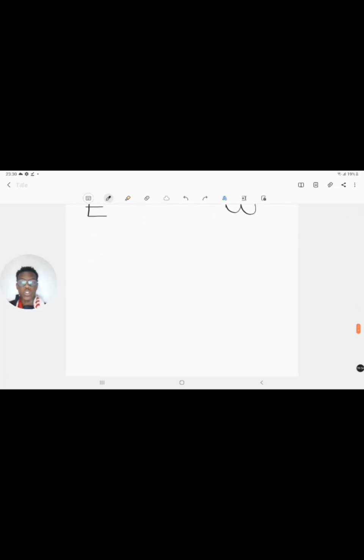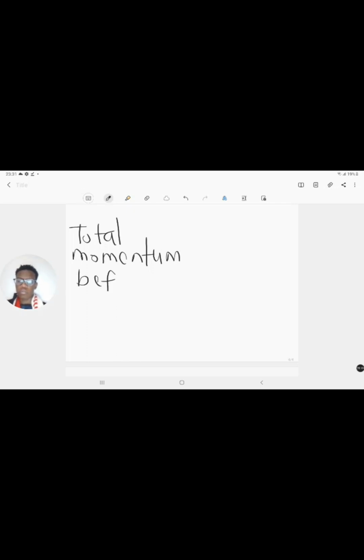Okay, so what you're going to do is say total momentum before is equal to total momentum after. Before what? Before collision.